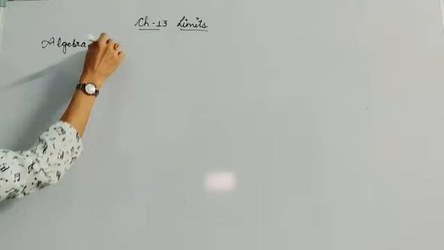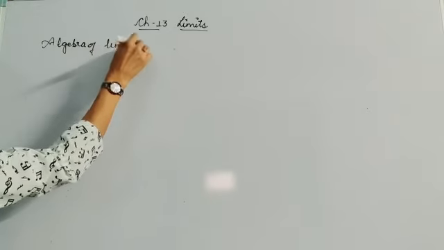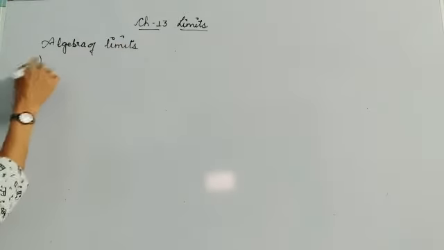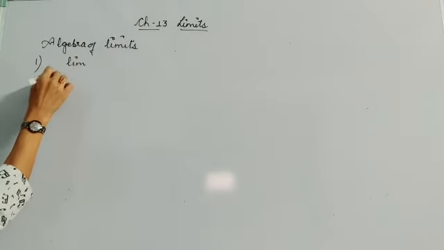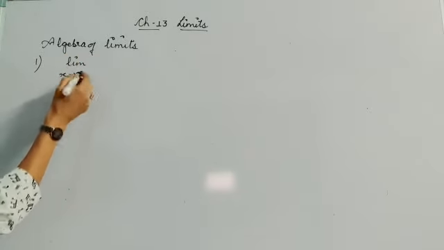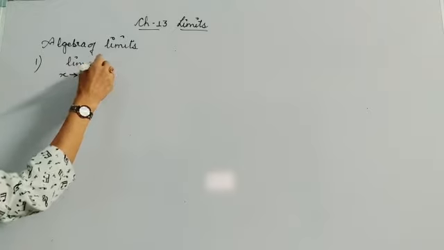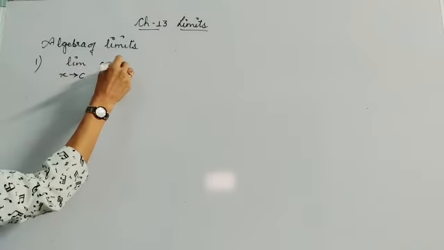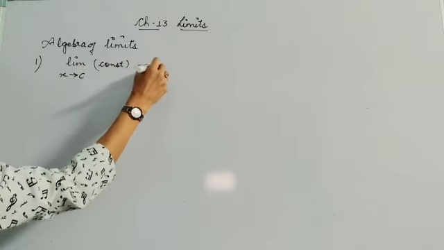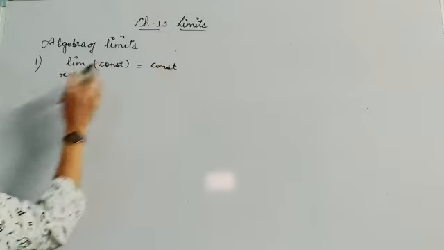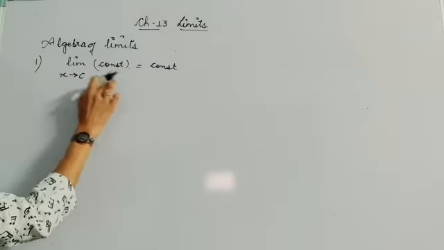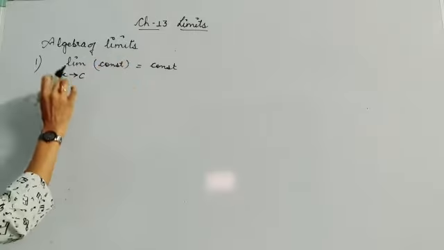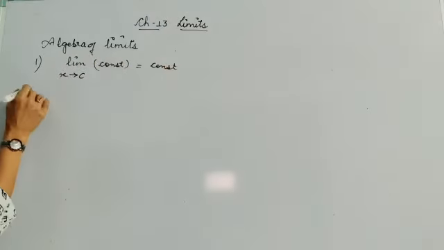Algebra of limits says if you have things like this, limit x tends to, let's suppose, c, and you have some constant value over here, then your answer would be just a constant, because no variable in x is present. That's why your answer will be just a constant.